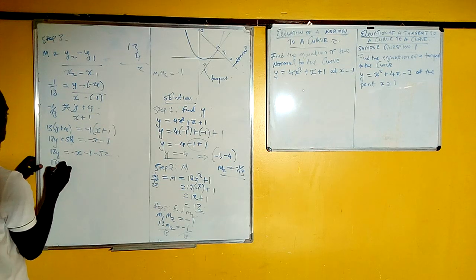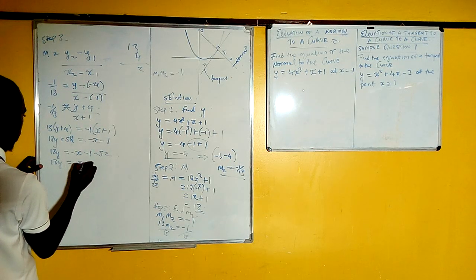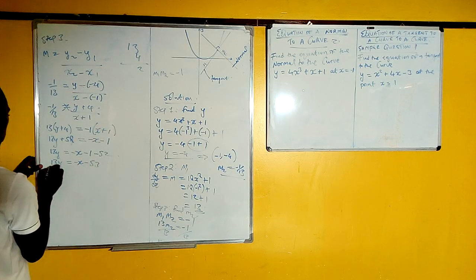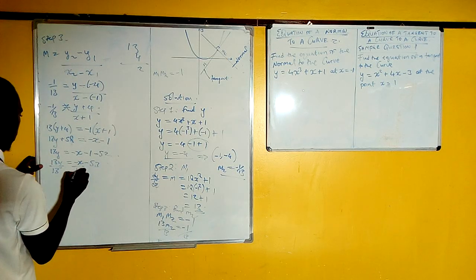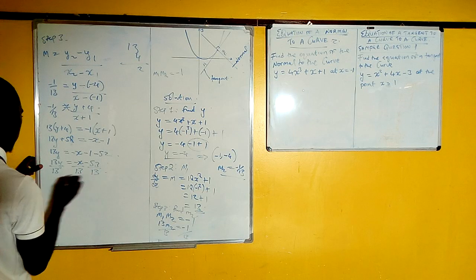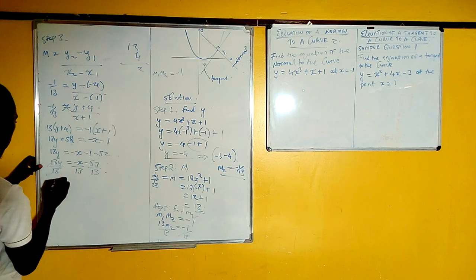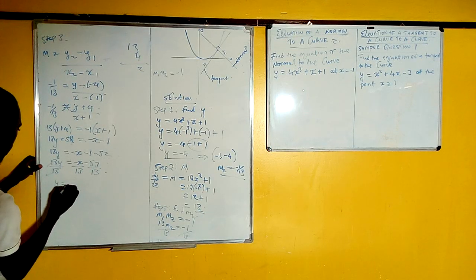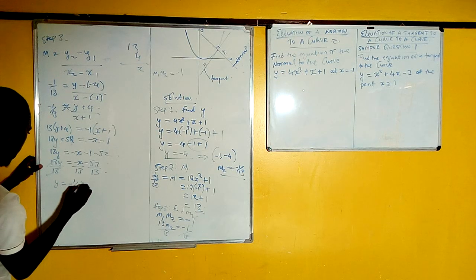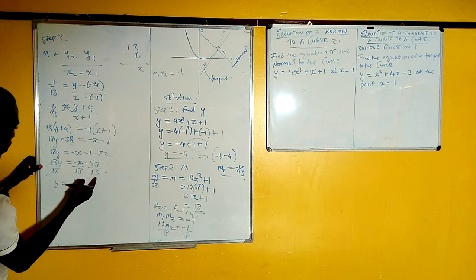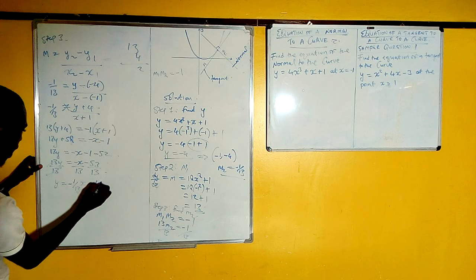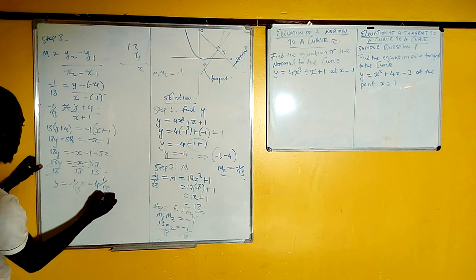So this one will be 13y is equal to -x, -53. So divide by 13 throughout. So here we have y is equal to -1 over 13 x, then minus, 53 divided by 13 goes 4 times, leaving a remainder 1 over 13.